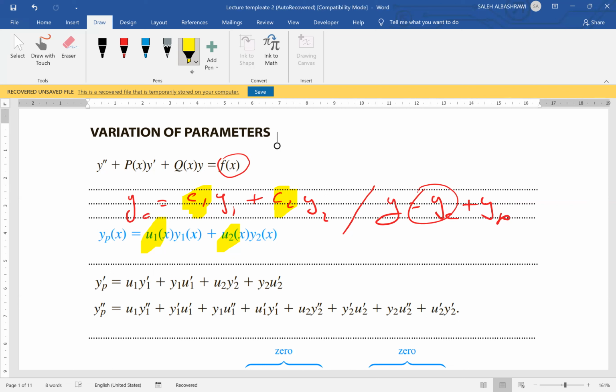By the auxiliary equation, this will give me m squared plus 1 equal to 0. So m will be plus or minus i. This is a complex number. From this one, we can find that y1 is equal to cosine of x, because this is alpha plus i beta, and alpha equal to 0, and beta equal to 1.